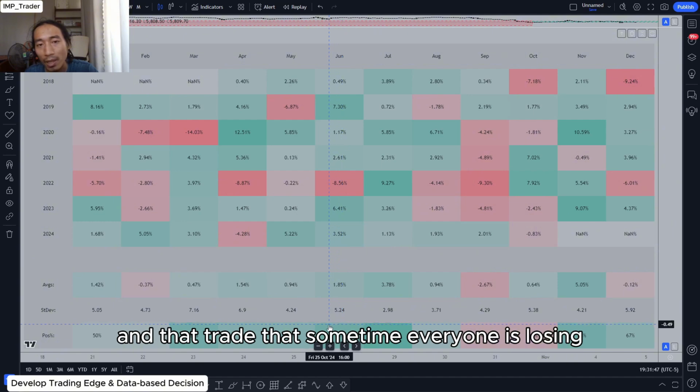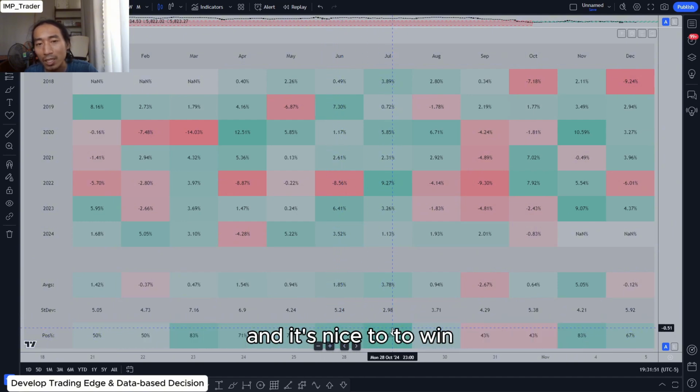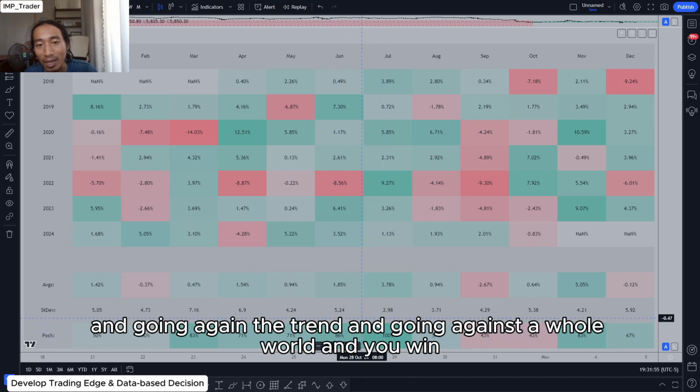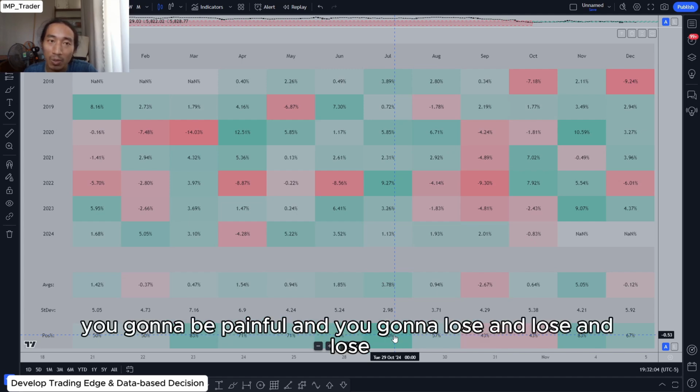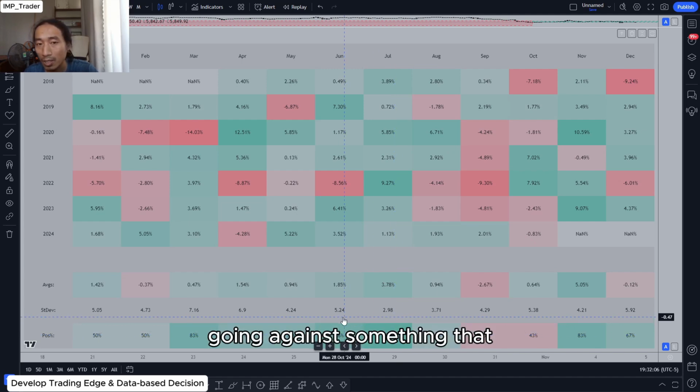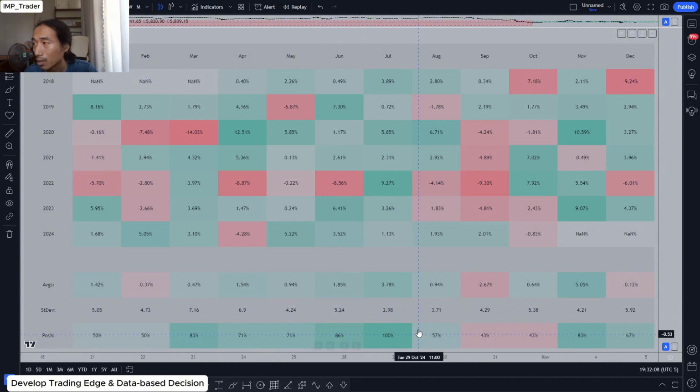And sometimes everyone is losing, and it's nice to win going against the trend, going against the whole world, and you win. But all the time when you lose, it's going to be painful, and you're going to lose and lose and lose, going against something as strong as this. And today we are talking based on data.